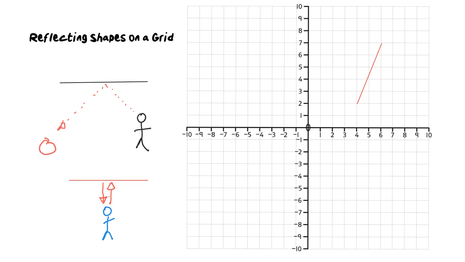So think about X and Y. You do the X coordinate, which in this case is 4, because it's here, and the Y coordinate, which in this case is 2, because it's here. So this is 4, 2.